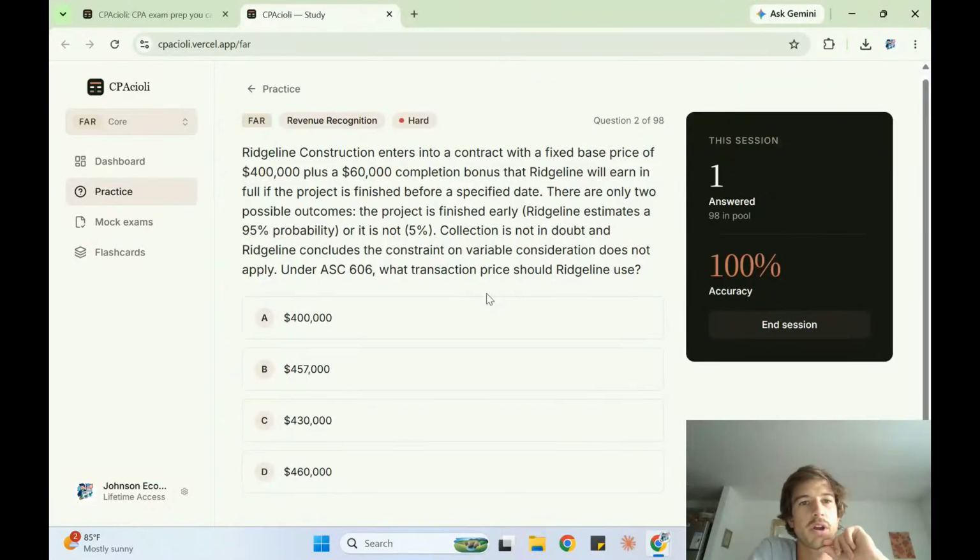Okay, fixed base price plus completion bonus that Ridgeline will earn in full, finished early.